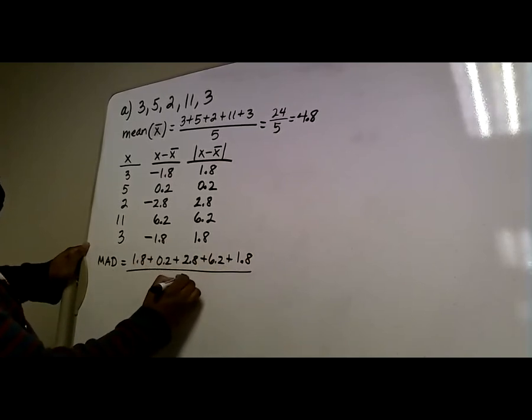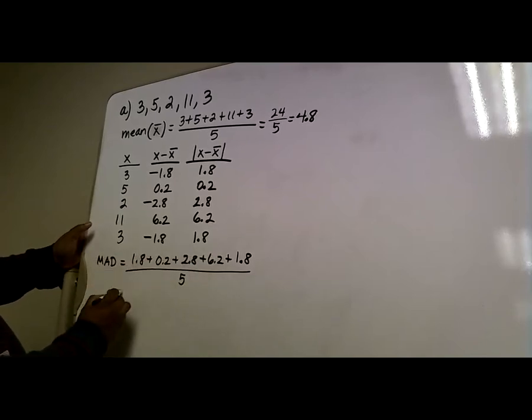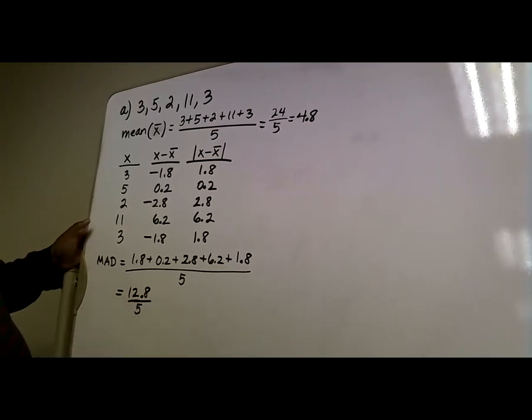Those 5 numbers will be divided by 5. If you add these numbers up, this is 12.8, and 12.8 divided by 5 is 2.56.